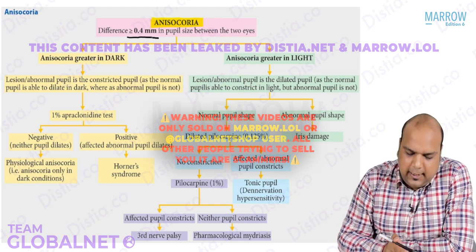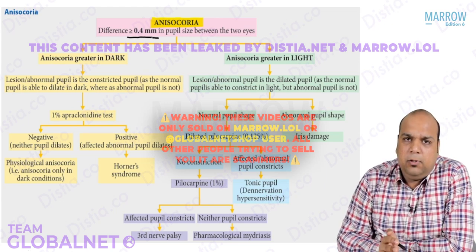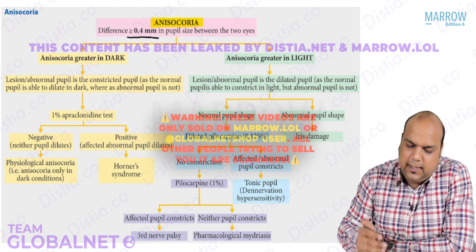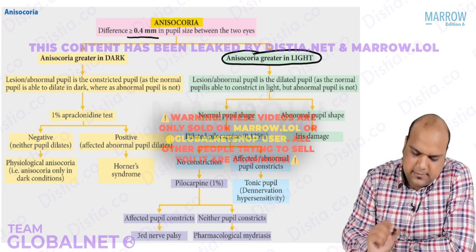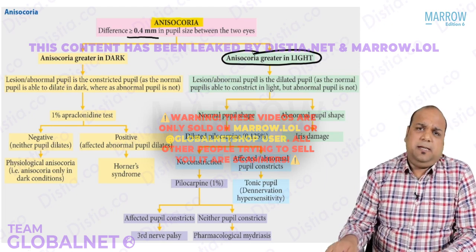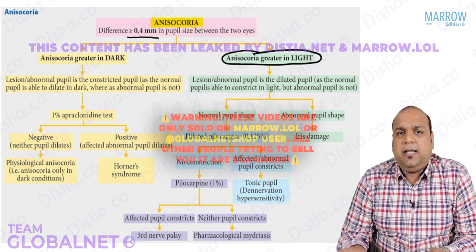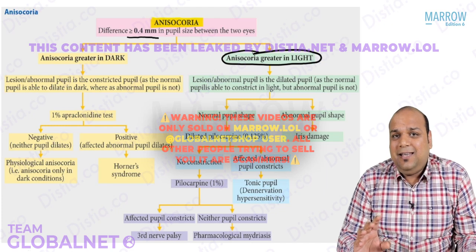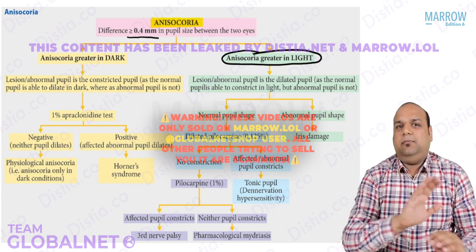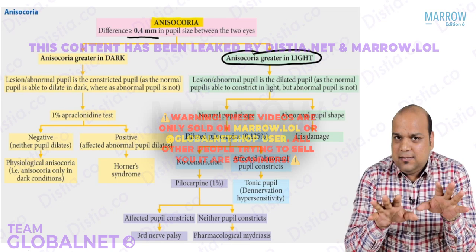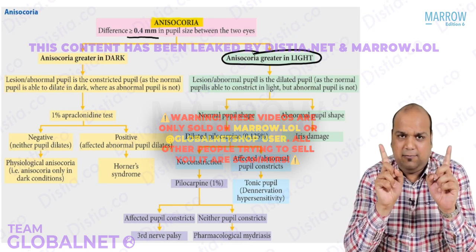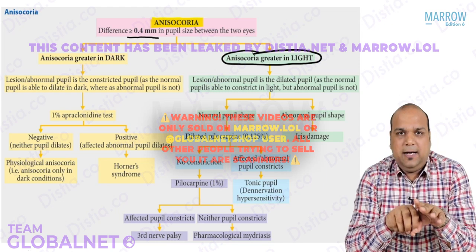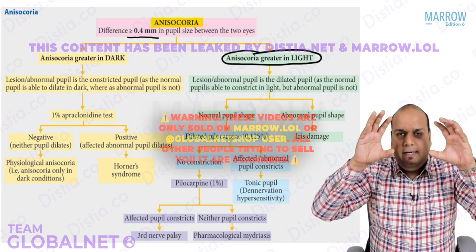Now, this anisocoria can be divided into two. Let's see the right, the green colored arm first. Anisocoria greater in light. What are we trying to say? We are trying to say that the pupil size is different when light is thrown. That means when the pupils are in the dark, listen carefully, both pupils are able to dilate.